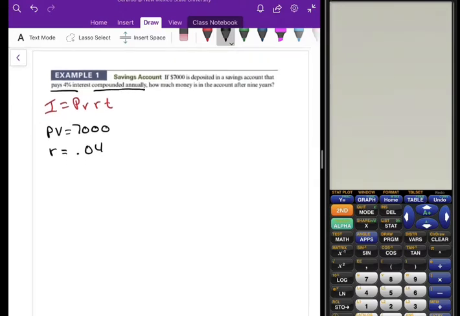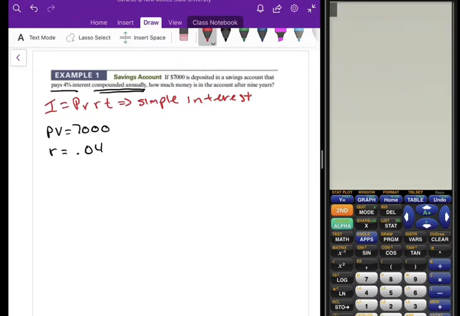But this is compounded, not simple interest, and the formula was for simple interest. Okay?